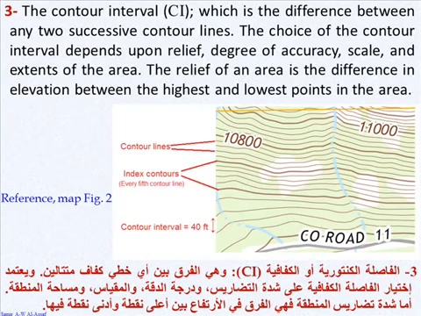3. The contour interval, which is the difference between any two successive contour lines. The choice of the contour interval depends upon relief, degree of accuracy, scale, and extent of the area. The relief of an area is the difference in elevation between the highest and lowest points in the area.